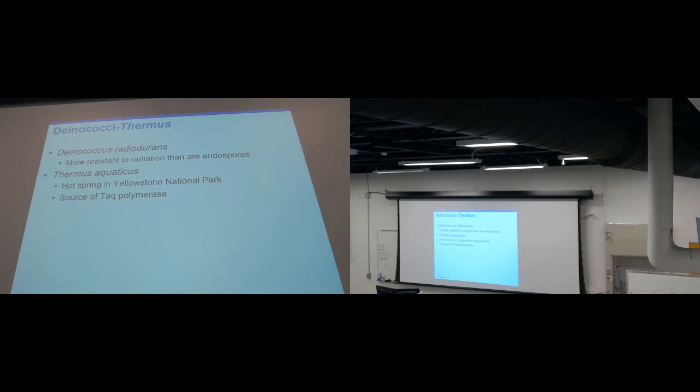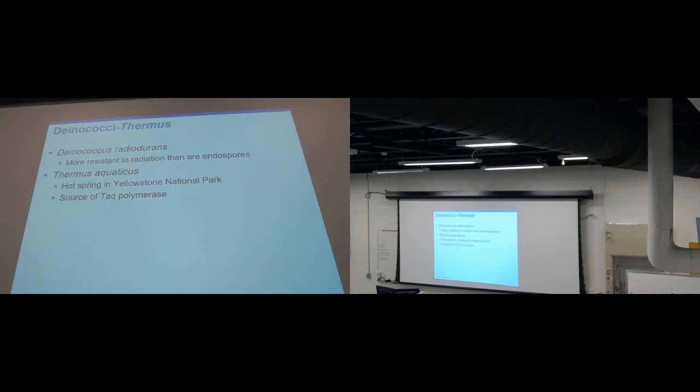And now Thermus aquaticus, it is a hyperthermophile. It was found originally in hot springs in Yellowstone National Park. And this bacteria has an enzyme that is called Taq polymerase, for Thermus aquaticus.